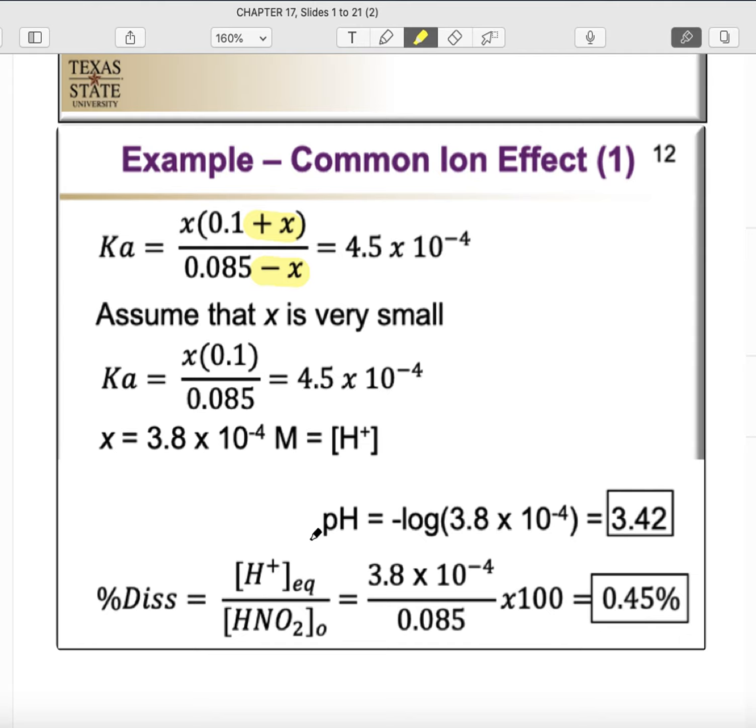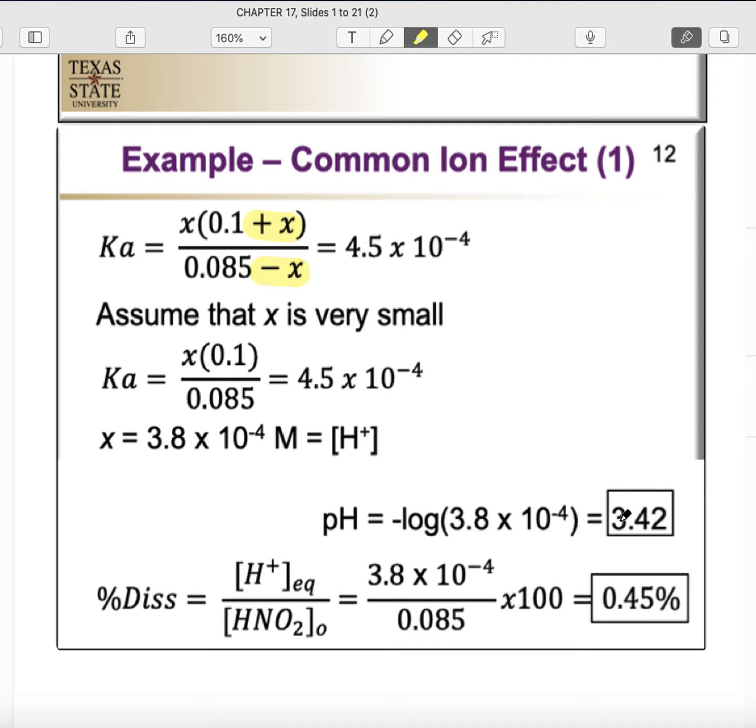And similarly, we're going to calculate the percent dissociation, which is equal to the hydrogen ion concentration at equilibrium divided by the concentration of the acid at the beginning of the problem, times 100 in order to make it a percentage. And what I want you guys to see right now is the fact that the values have changed significantly.